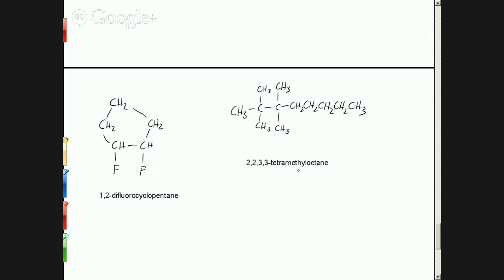No cyclo there, so it's not a circle. If it's got the cyclo, it's a circle. If not, it's not. Sound good? Okay, work on this stuff.